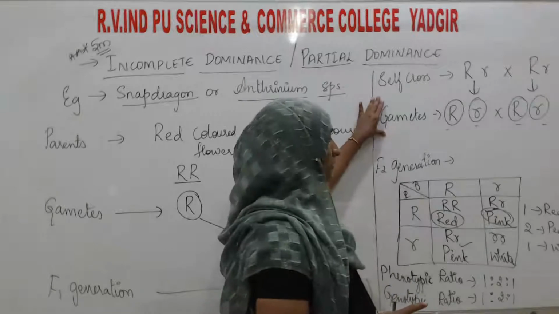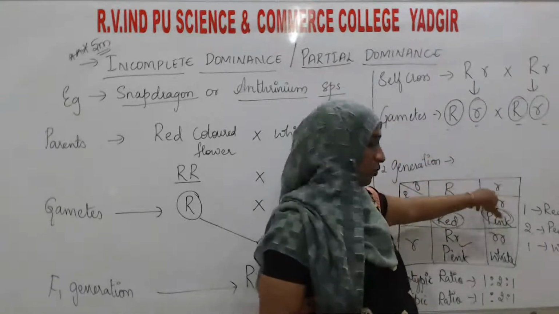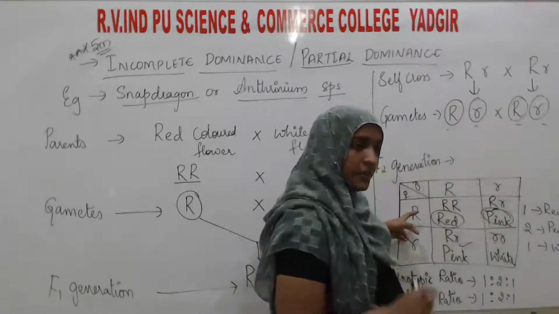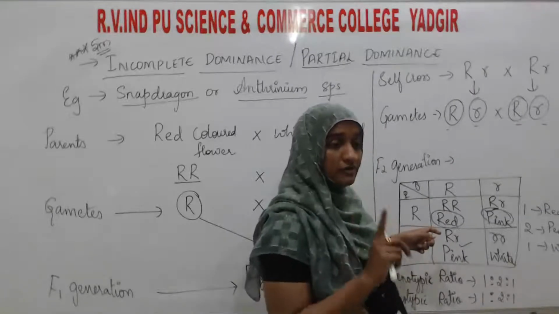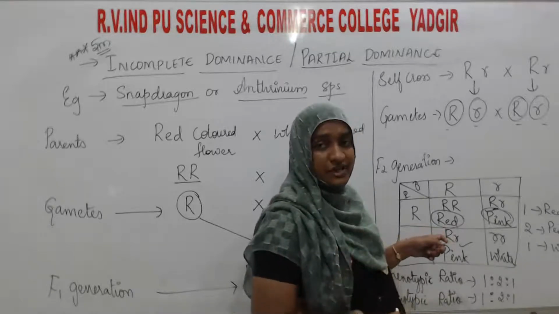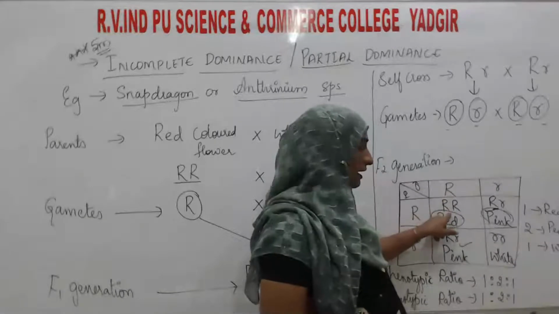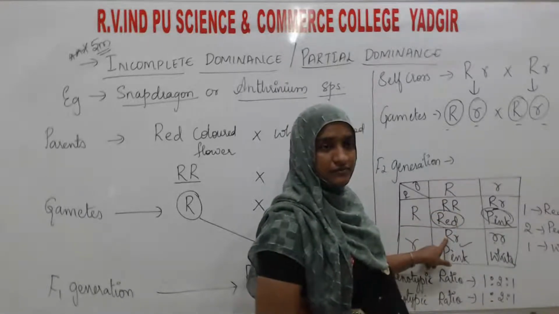See here, these are the gametes. One parent's gametes we take on one side, the other parent's gametes on the other side. Then we cross. To avoid confusion during the cross, always write the dominant character first, then the recessive. Capital R into capital R gives RR, a red colored flower.